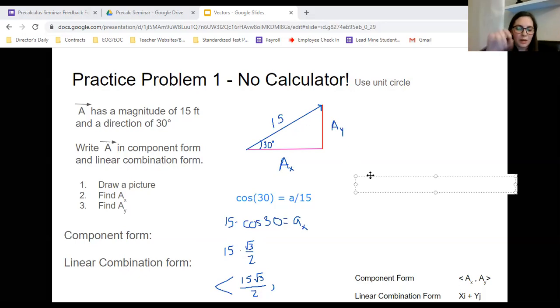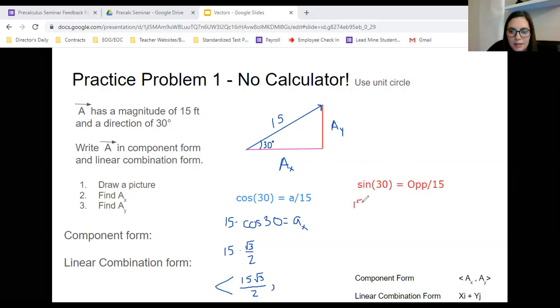All right, now I'm going to do my y component. For my y component, I can just do sine of 30, which is going to be equal to my opposite over my hypotenuse, which is 15. So then I can solve this.